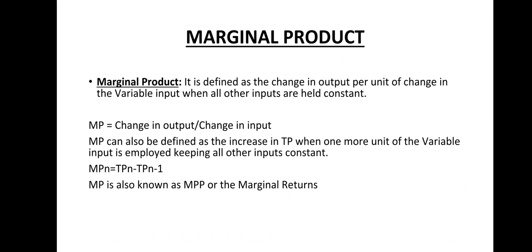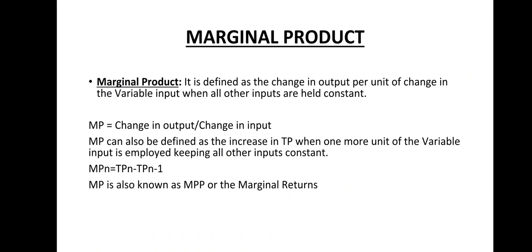Next, we will cover in this slide the meaning of marginal product. It is defined as the change in output per unit of change in the variable input, that is labor, when all other inputs are constant, or it is the addition to the total product when one more unit of variable input is applied with the fixed factors.